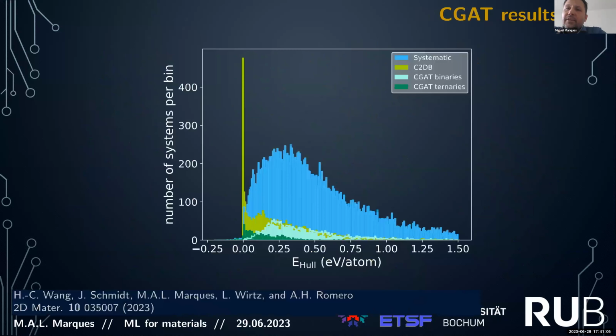This is a summary of what we got. This is again a histogram of the distance to the convex hull, and you see the systematic search leads to compounds that are sometimes rather unstable. This becomes much better when one does machine learning and our prototype search. But as I told you, in this case, we were rather limited because of the inexistence of training data.